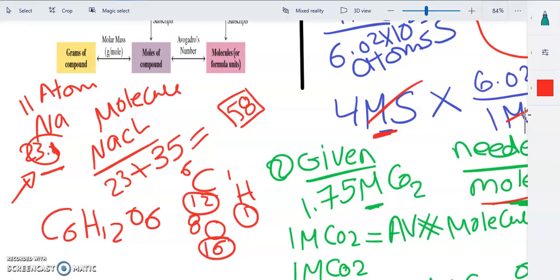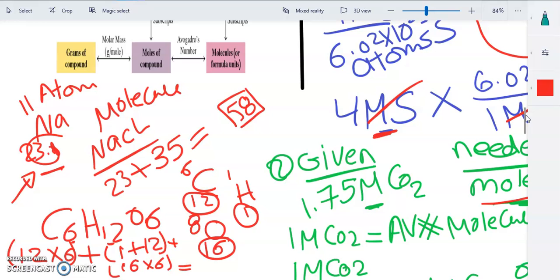If you want the molar mass of glucose, you start with carbon, which is 12, but you have 6 of them, plus the hydrogen, whose molar mass is 1, but you have 12 of them, plus the oxygen, which is 16, but you have 6 of them.